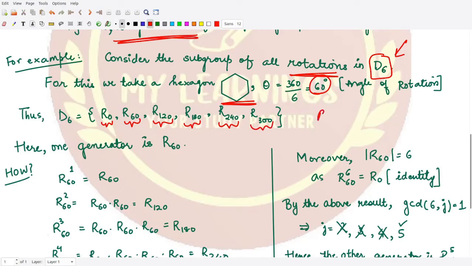The next one would be R360, which is equivalent to R0, and so on.